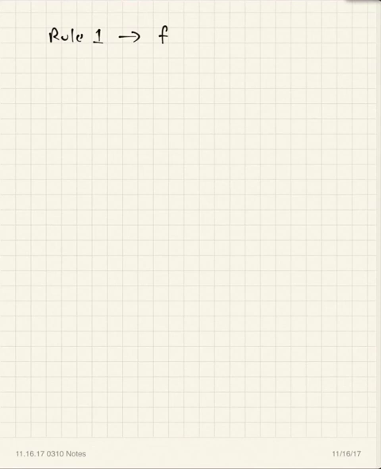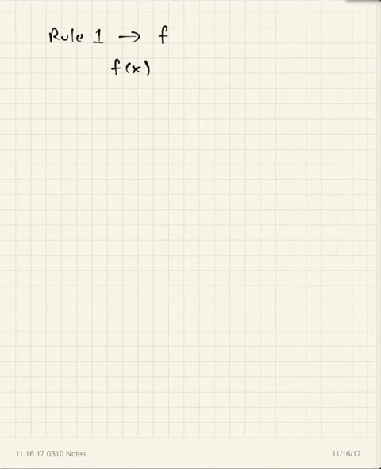And so if we name the rule, in this case rule 1, f, then we can talk about f of x. This is what's called function notation. What f of x means is, what does our rule, which is f, do with the domain value x?